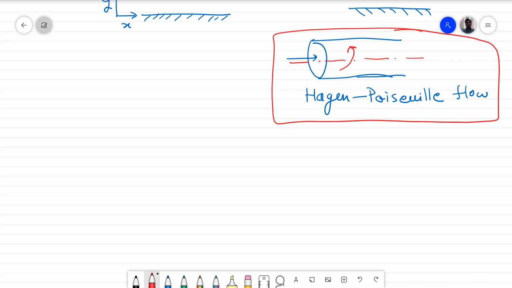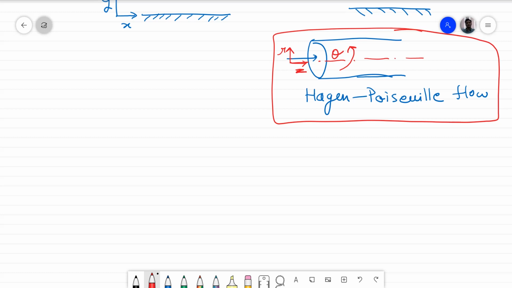So if we take a polar coordinate system here, a cylindrical polar coordinate system, then this is the r direction, this is the z direction, and that direction is the theta direction, the azimuthal direction.